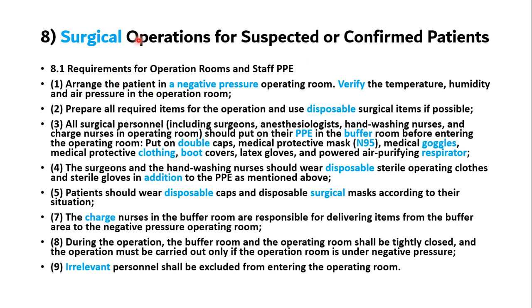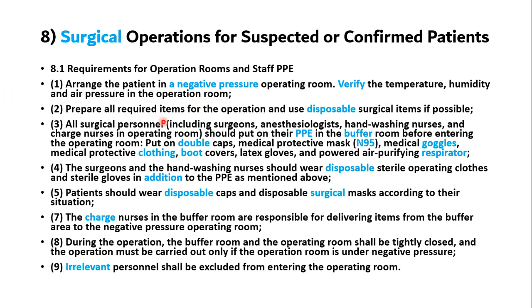Now the requirements for surgical operation for suspected or confirmed patients. Requirements for the operating room and staff PPE. Arrange the patient in a negative pressure operating room, so the operating room should be negative pressure. Verify the temperature, humidity, and air pressure in the operating room.